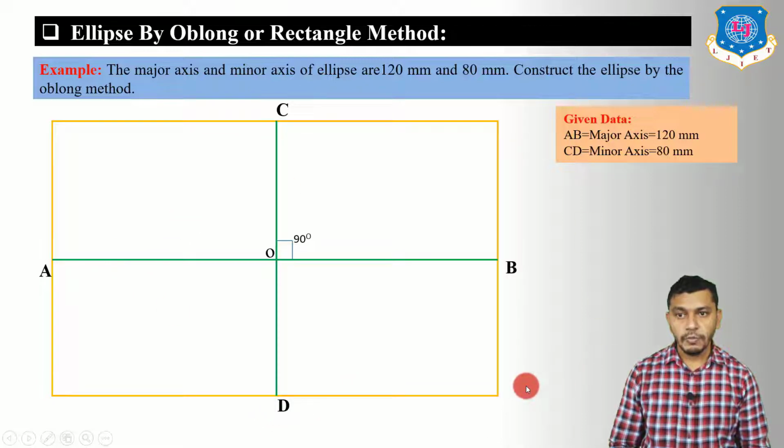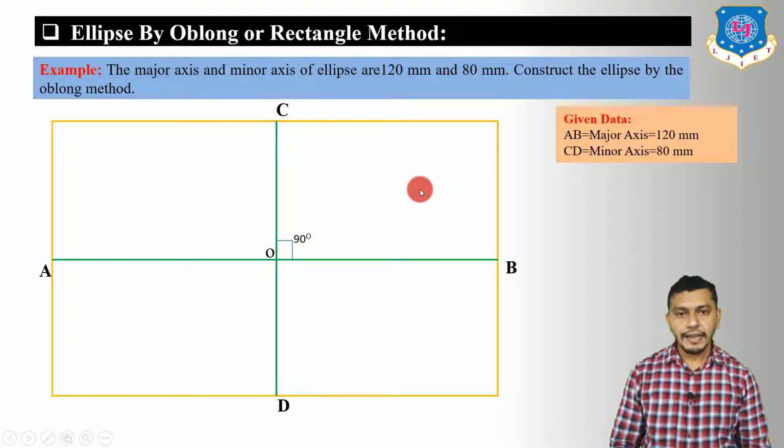Practically, how will we draw it? We take the roller scale, and from points A and B we draw lines parallel to CD, and from C and D we draw lines parallel to AB. So you will get the rectangle as shown in this figure.